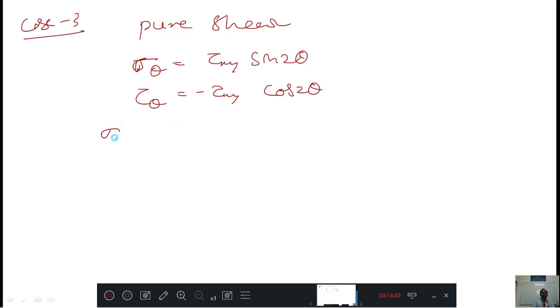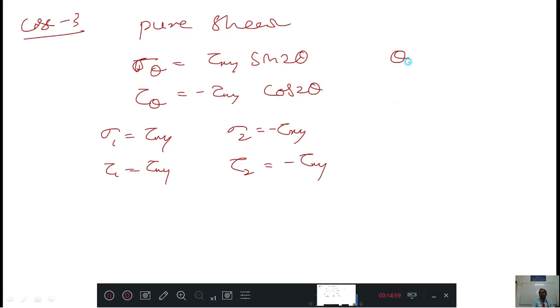Then sigma 1 will be tau xy, sigma 2 is minus tau xy. Then tau 1 is tau xy, then tau 2 is minus tau xy. Then theta p1 45 degree, theta p2 135 degree, theta s1 90 degree, theta s2 180 degree.